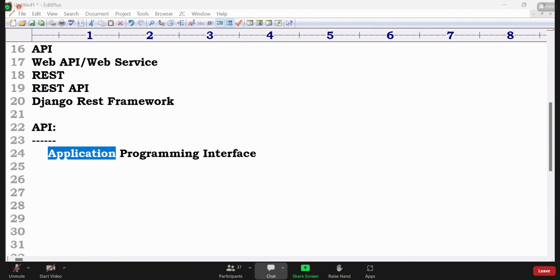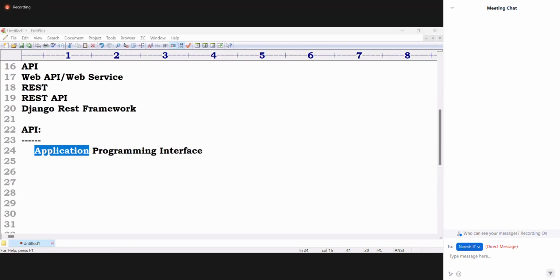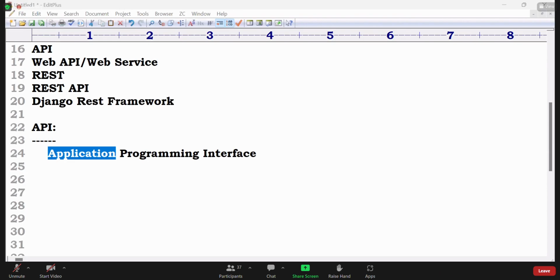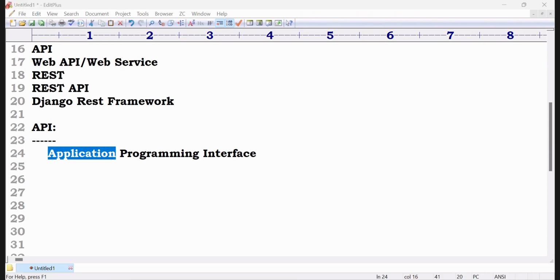Sir, an ATM contains so many functionalities: withdraw, cash deposit, mini statement, transfer, everything. But how can I access that application's functionalities? One interface is required, isn't it? I am clicking on the deposit button, clicking on balance or other service, payment, something. So I want to access application functionalities.